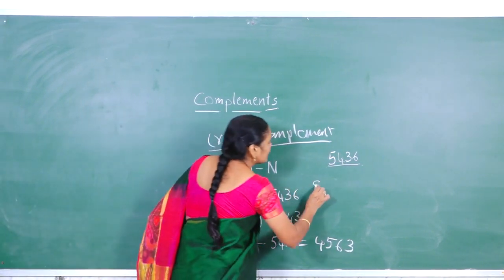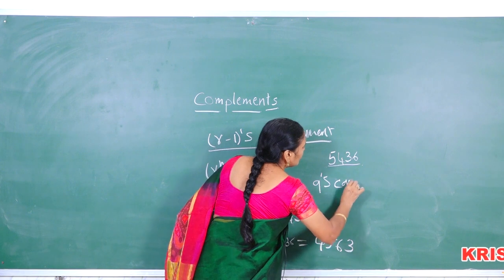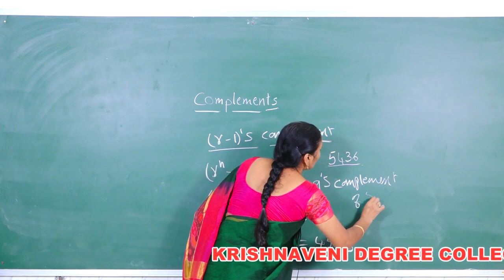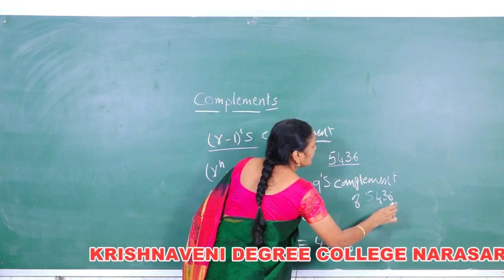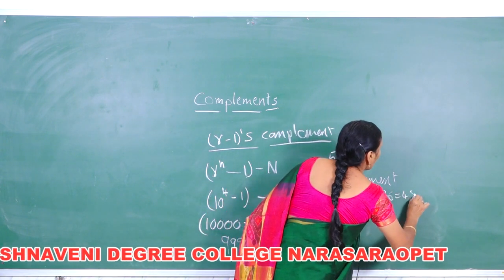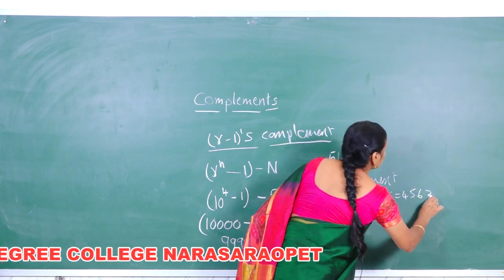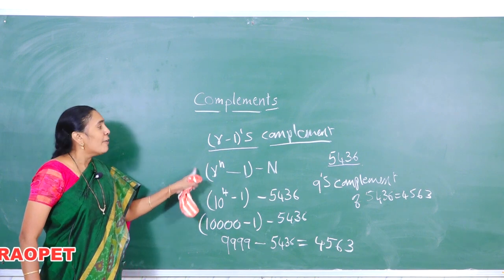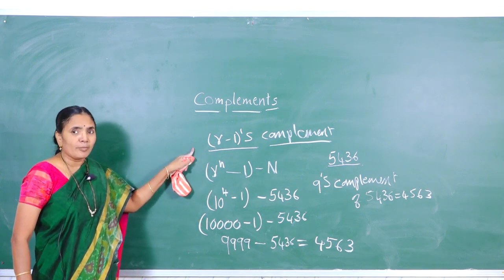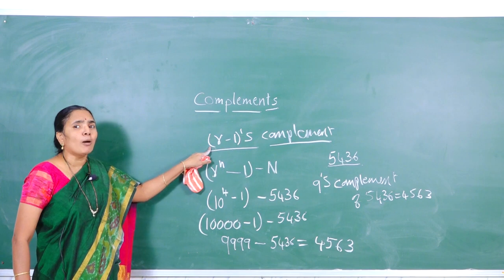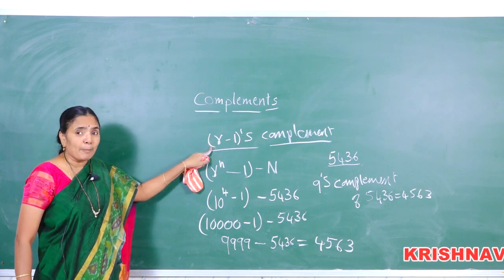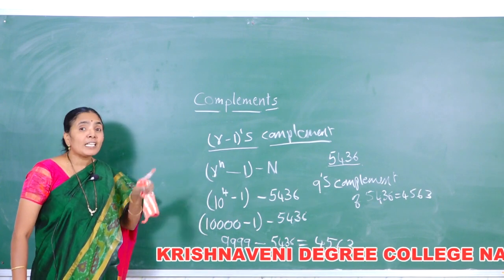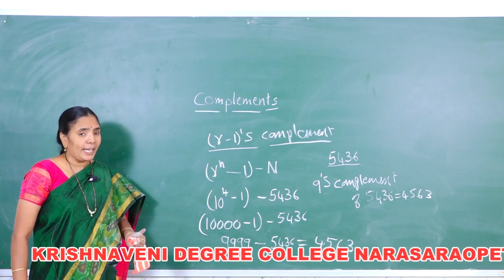That is, the 9's complement of 5436 is equal to 4563. So, the simplest procedure to remember is, when I want to calculate the r minus 1's complement of a decimal number, which is nothing but the 9's complement, I have to subtract each digit from 9.